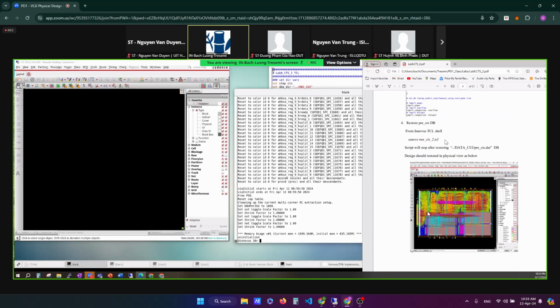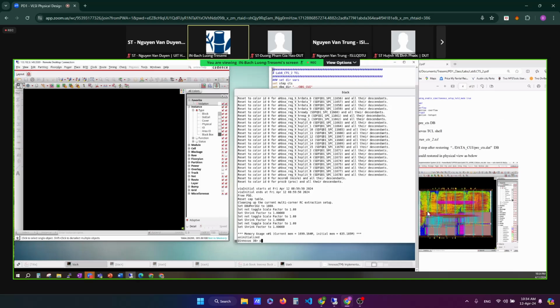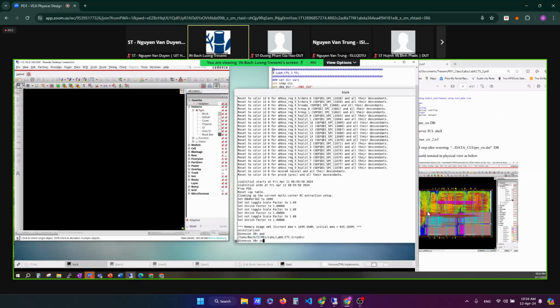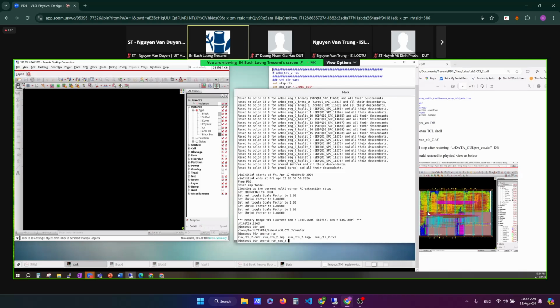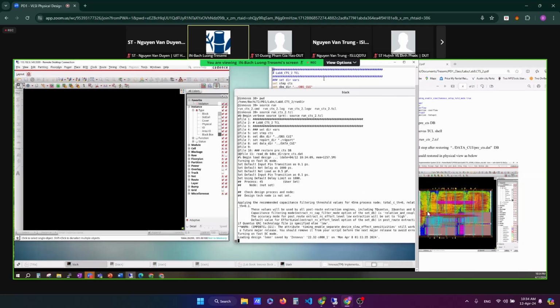So let's source, you see under the scripts, so that's where I'm at. I'm going to go ahead and source run_CTS2. So what this does is it sources this Tcl script here.